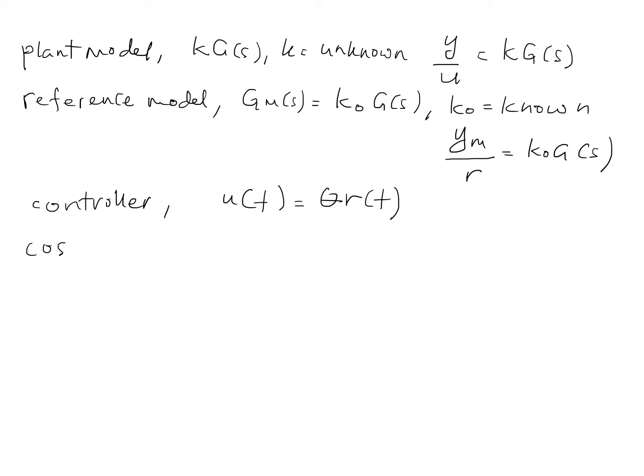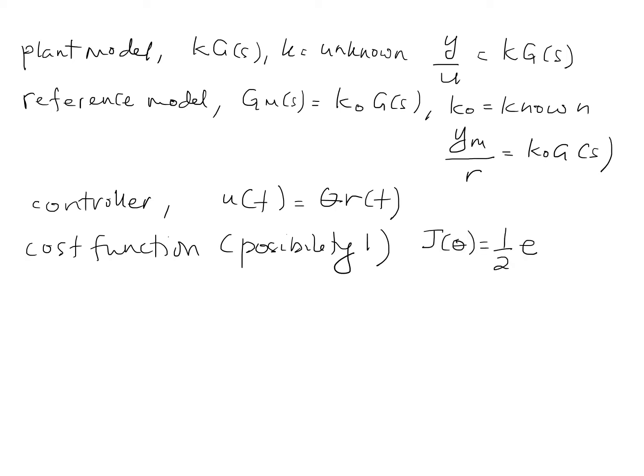The cost function that we have chosen is possibility 1, J(theta) equal to 1 over 2 error squared. Let's say we choose possibility 1 to solve this question.